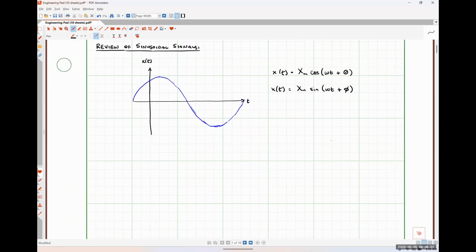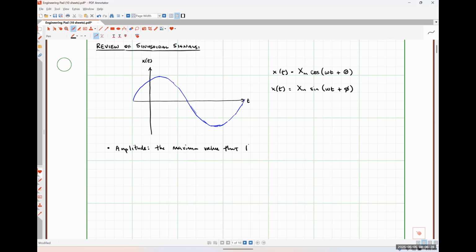So we're going to start with our amplitude. The amplitude of a sinusoidal signal is the maximum value that the signal reaches in a single interval.